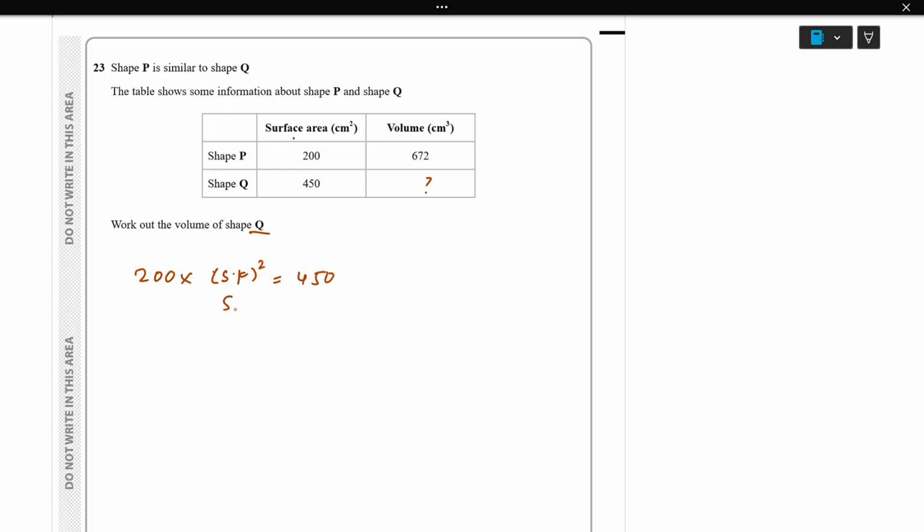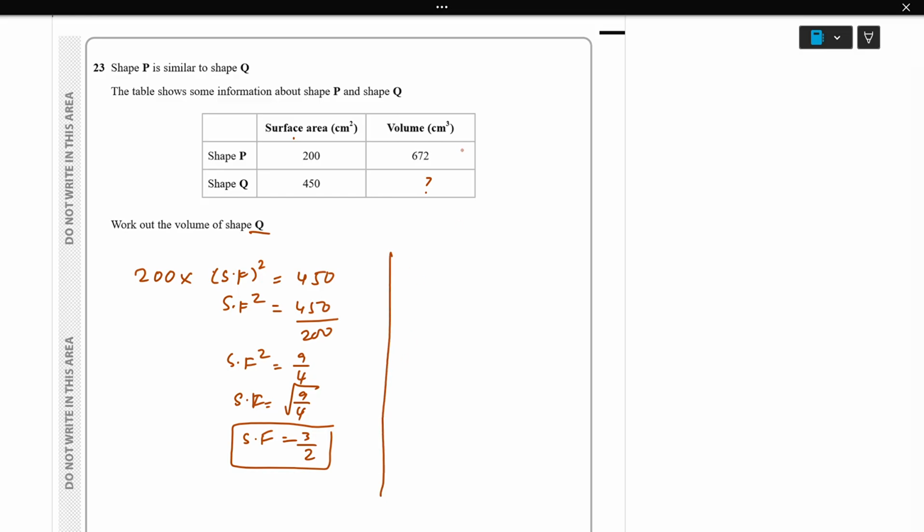So here scale factor squared equal to 450 over 200. So scale factor squared equal to 9 over 4. Scale factor equal to square root of 9 by 4. Scale factor equal to 3 by 2. So we got the scale factor. As we know, small shape volume times scale factor cubed equal to the bigger one.